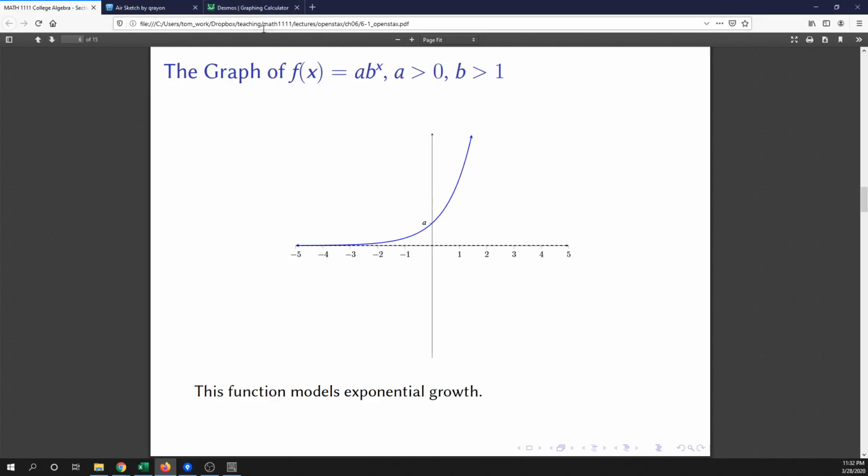All right, next up is when a is positive and b is less than 1. So the next one, where a is positive and b is in between 0 and 1, essentially what that does is it reflects the graph around the y-axis, and you get this situation here. And that is called exponential decay.